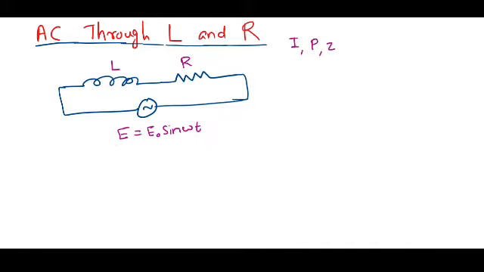Now, if this alternating voltage is supplied to this circuit, the voltage developed across this inductor is EL, the voltage developed across the resistor is ER.